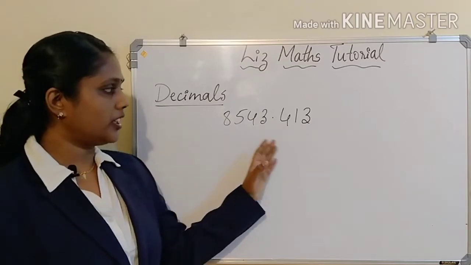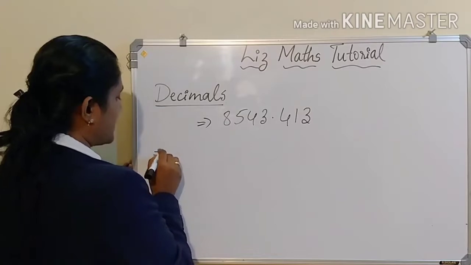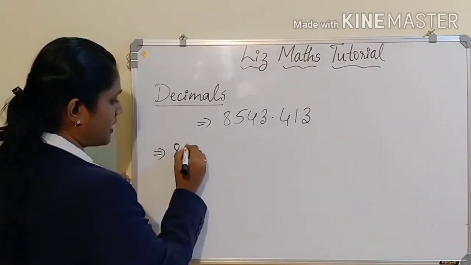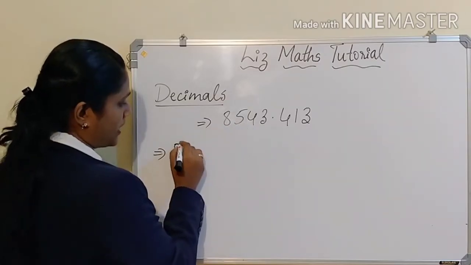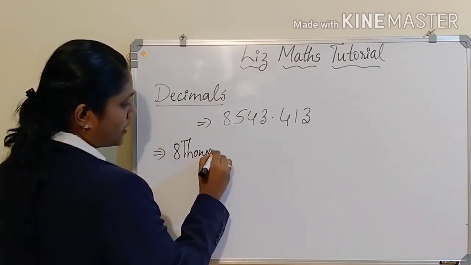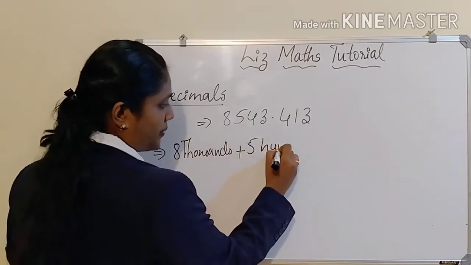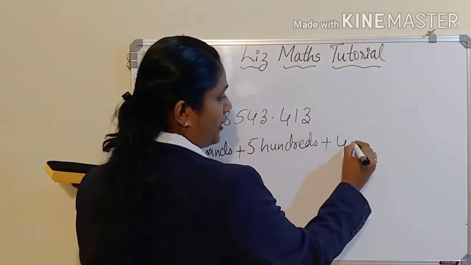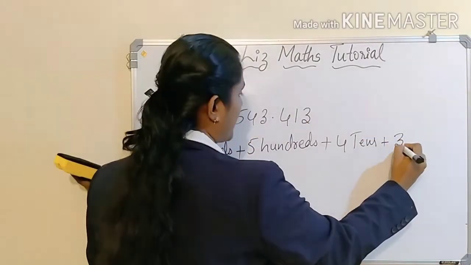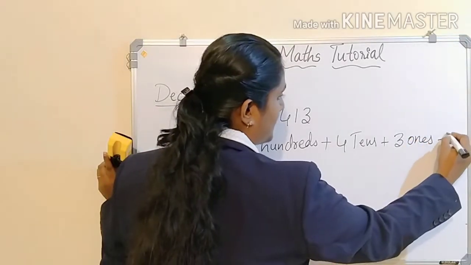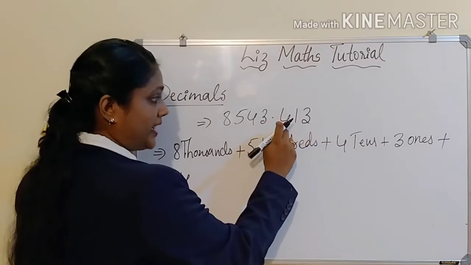Now if we have a digit like this, how do we go about expanding it? Say 8, 1, tens, 100, 1000 thousands plus 5 hundreds. Next 4 tens plus 3 ones plus 4, what is this first one?